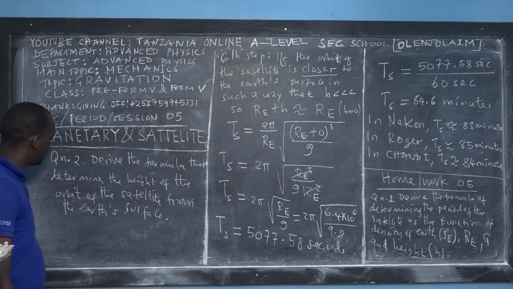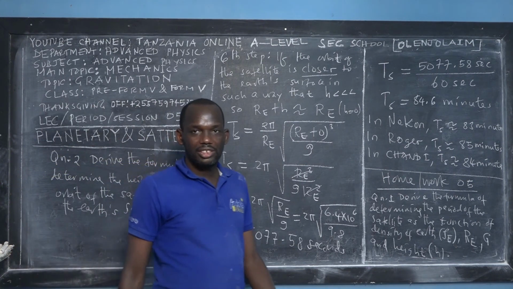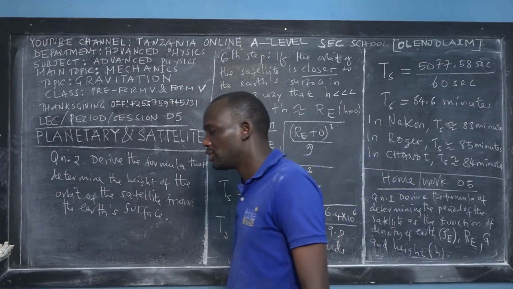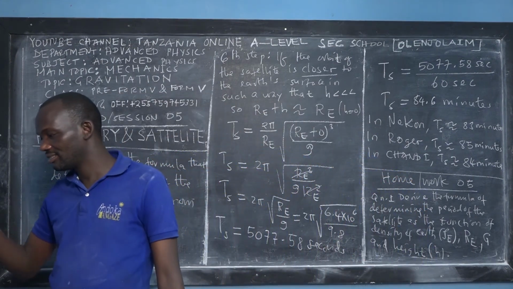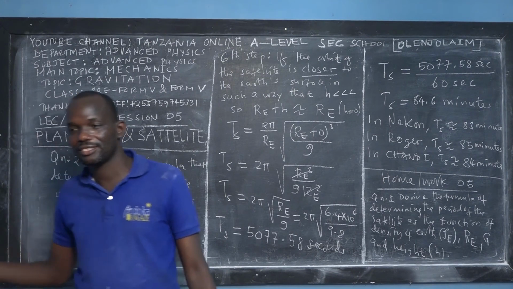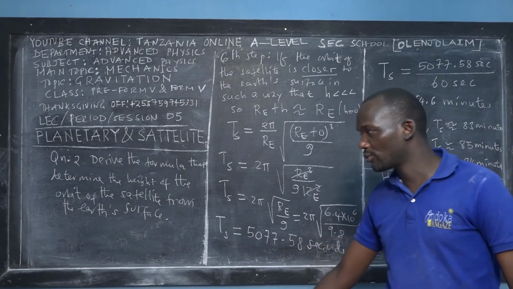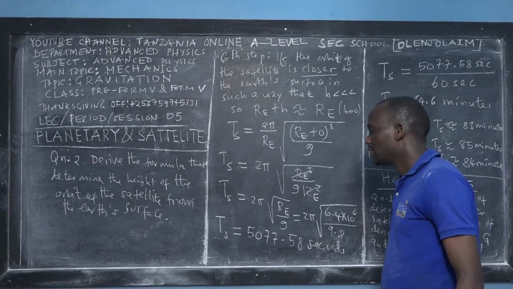That's the question. So these are, I like to call them, the 2 simplest questions in gravitational mechanics. So make sure that you try your level best to derive those formulas.